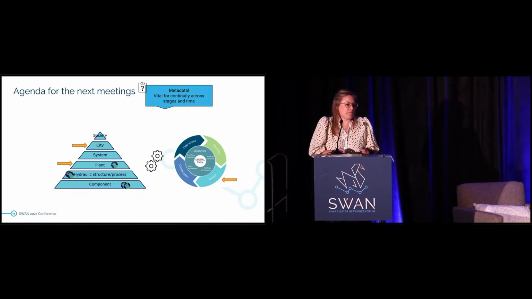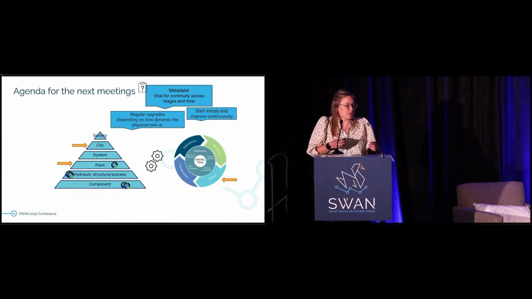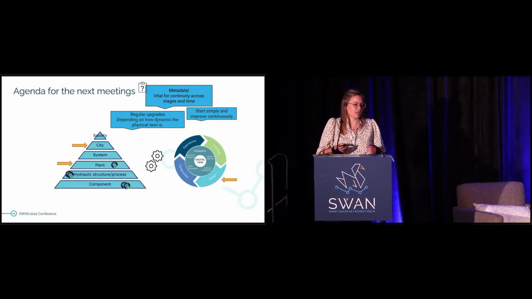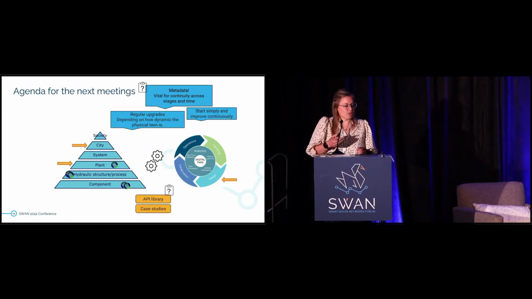And just from the questionnaires, there's some experience here that metadata is really important. We need to start simply and improve continuously. And we also have these regular upgrades that we need to do. We have also from the questionnaires some good examples where we have API libraries and case studies, and we will reach out to those of you who answered to have you present at the meetings.